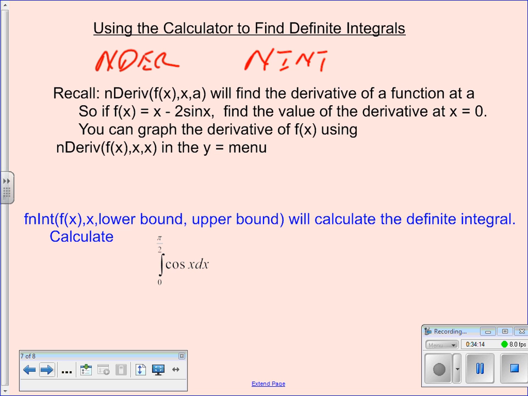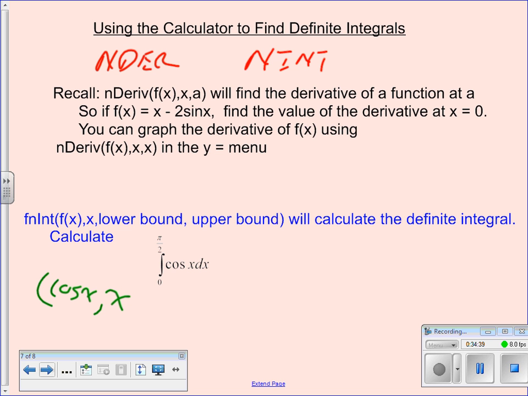So once again, depending on what type of calculator you have, you will get a template where you just fill in these values, or you're going to have to type in cosine x, comma, because you have to give it the function.